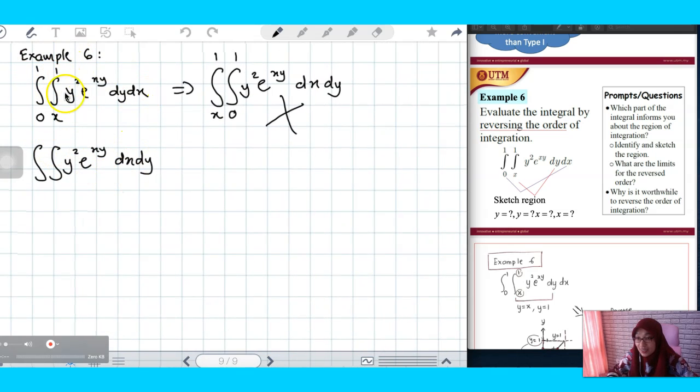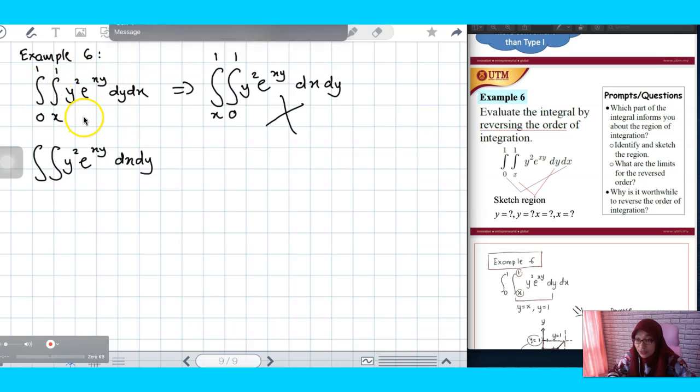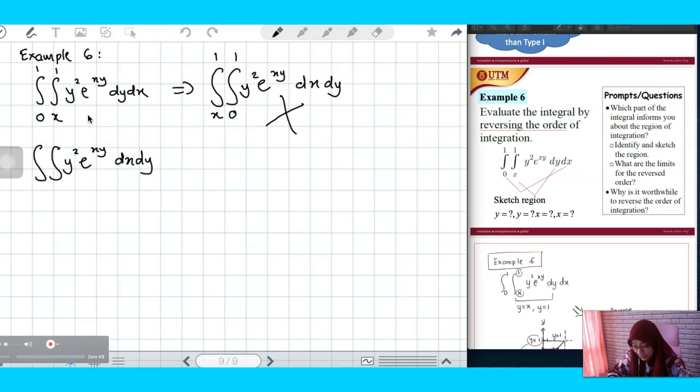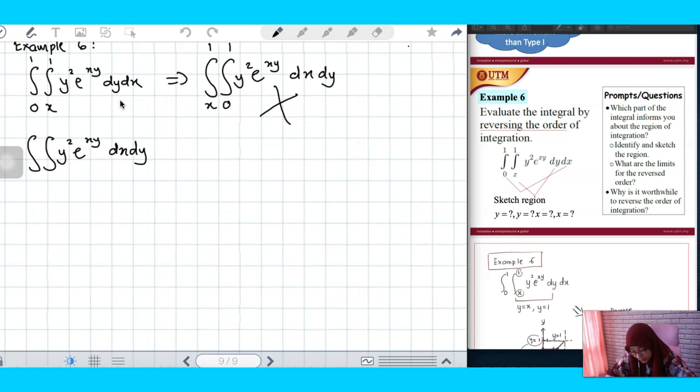Okay, because you can see here, you are given a complete double integral. But since it is quite complicated to integrate directly, there is a need for us to change the order first. So how can we obtain the region? You can get it from the limits provided. Your limit of x, which is given, is 0 to 1, and y is x to 1.